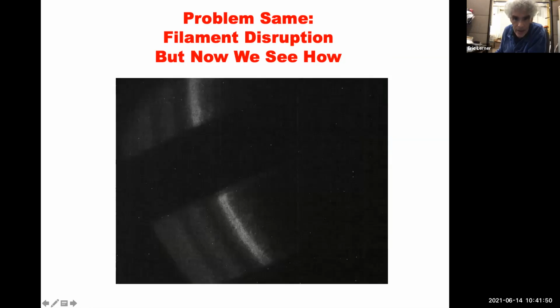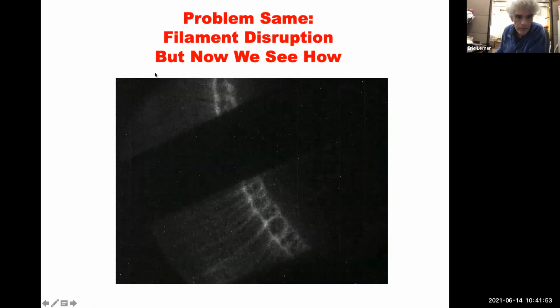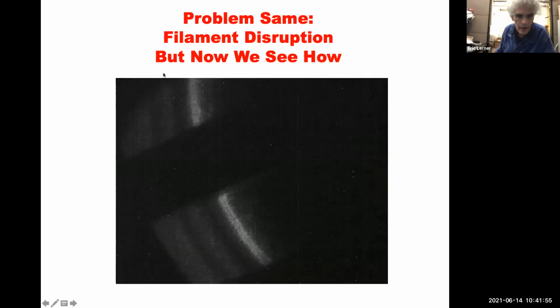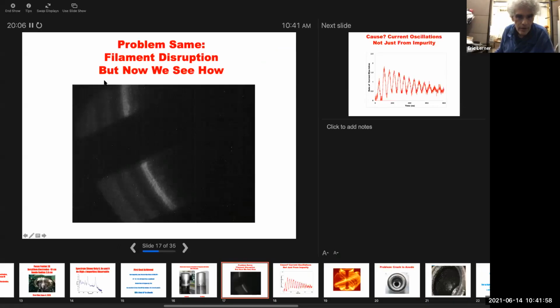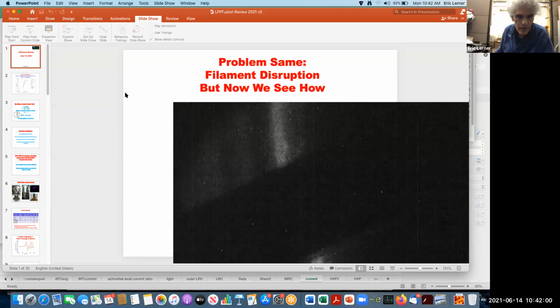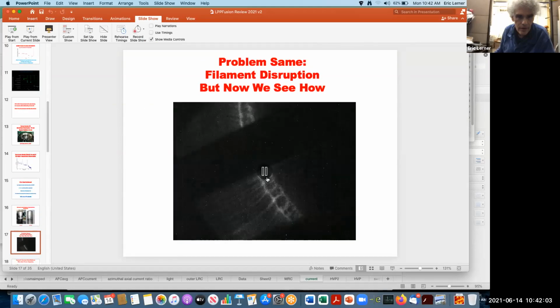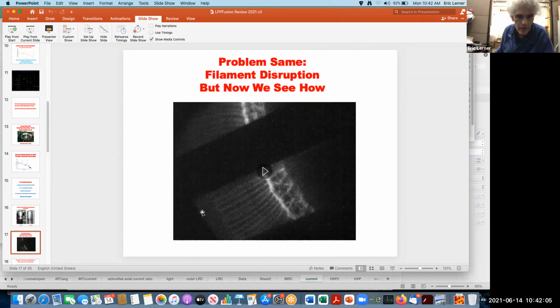So let me just stop this little GIF. Thanks to Syed's hard work with our ICCD camera, we were able to take a series of images at different times on different shots with very consistent conditions that showed how the filaments were being disrupted.